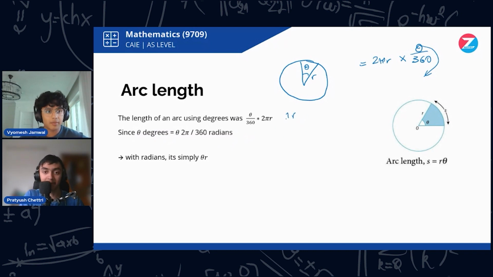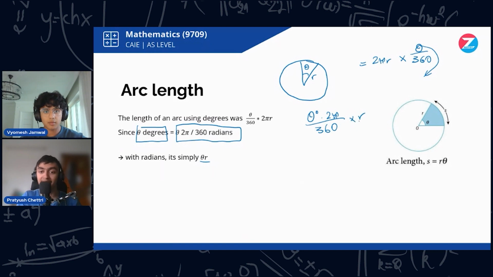Okay, so let's get back to how we end up with this. If we have this, and I'm going to replace this degrees with this radians, then it's going to look something like this. Angle in degrees times 2 pi over 360, and then we just have the times radius.